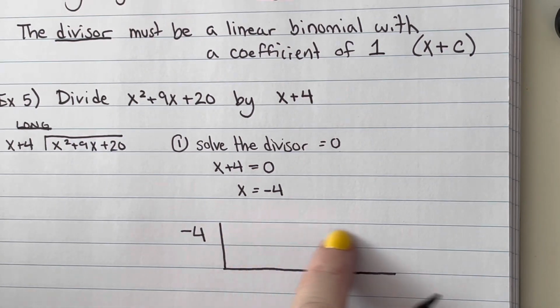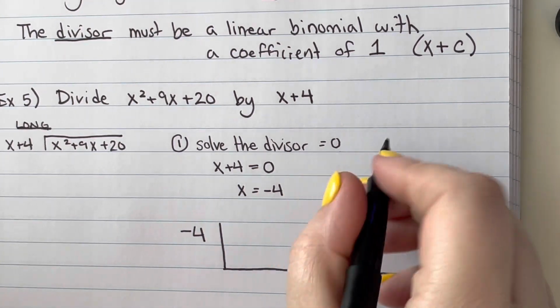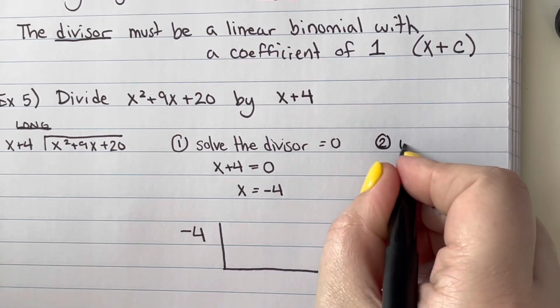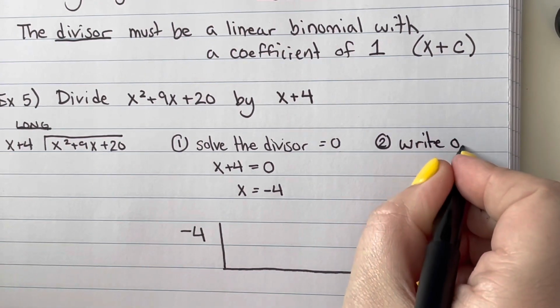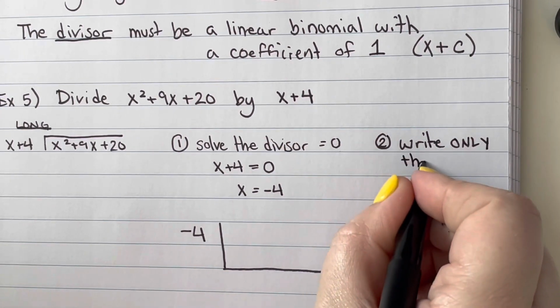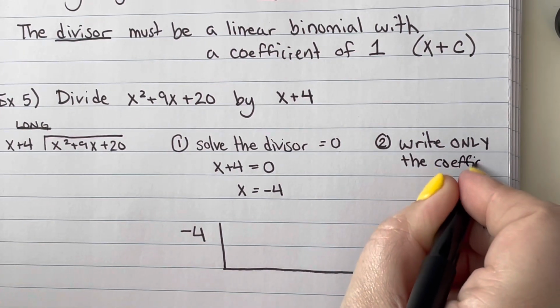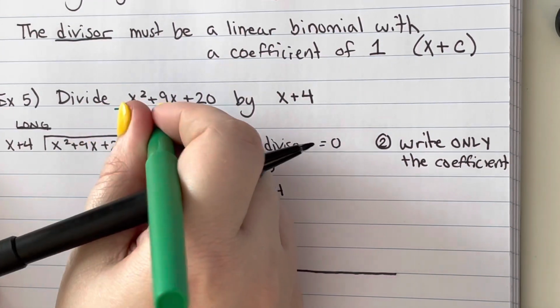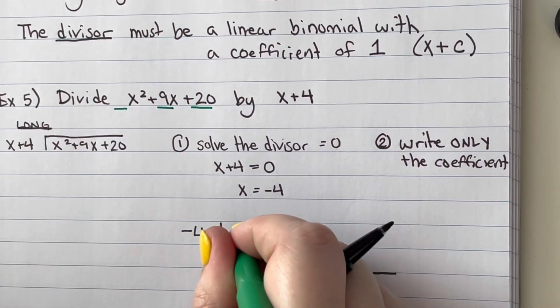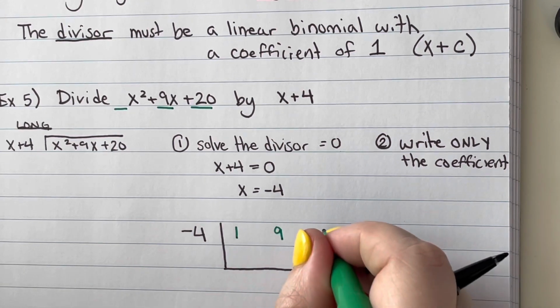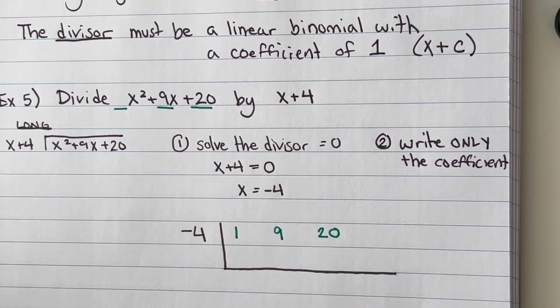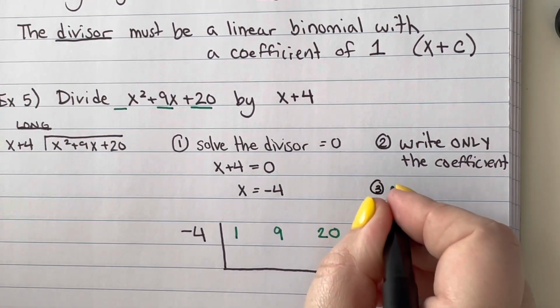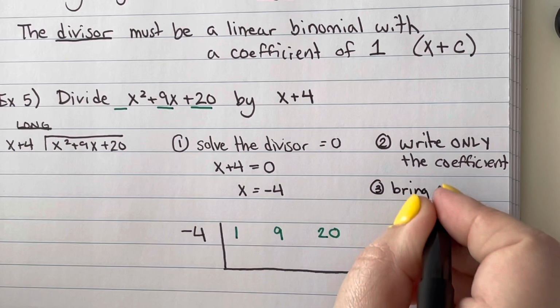Next, we're going to lay out all of the coefficients, and only the coefficients. So the coefficients of x squared plus 9x plus 20 are 1, 9, and 20. To perform the division, we're going to bring down the leading coefficient.